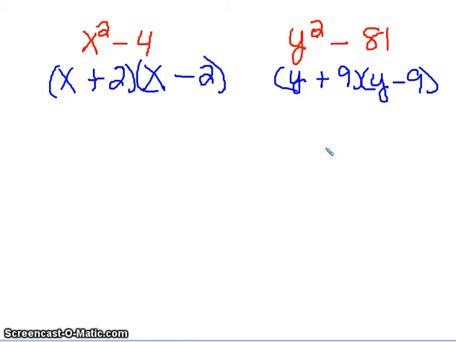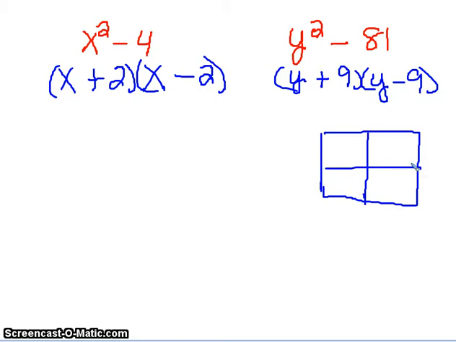We have two ways to multiply a binomial. One is the box method. What is y times y?